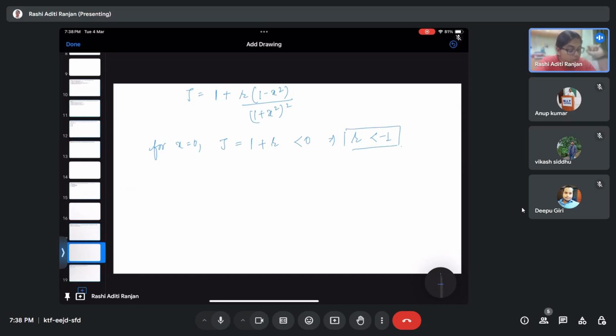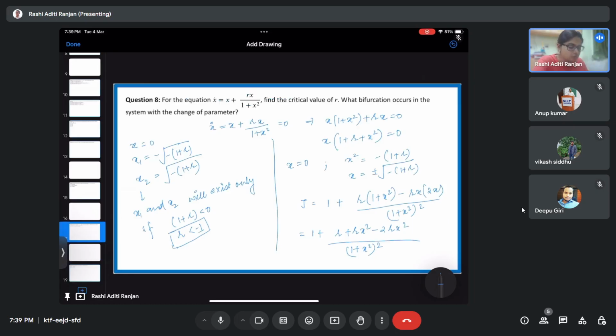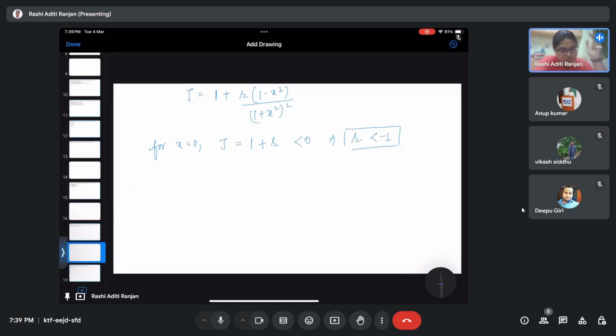It is also important that we remember the fact that my other two roots existed only if my r was less than -1, right? We did over here, no? My other two roots existed only if my r is less than -1. So as far as I can think, if I find out the Jacobian of the other two roots, it should come out to be positive, you know?